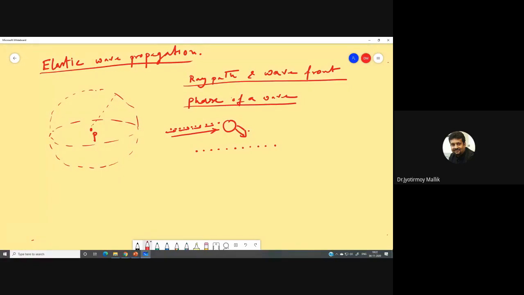Okay, so where was I? Right. So in an undisturbed condition, before the propagation of the wave actually starts, individual particles are at equidistant positions.